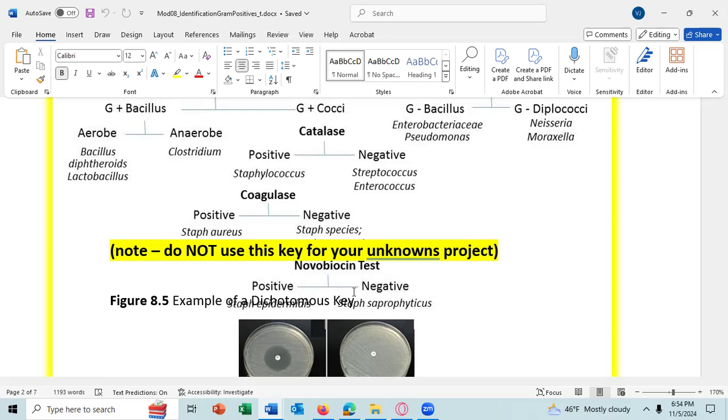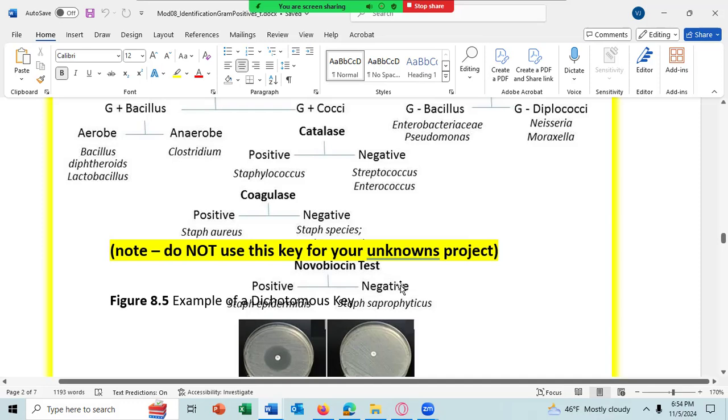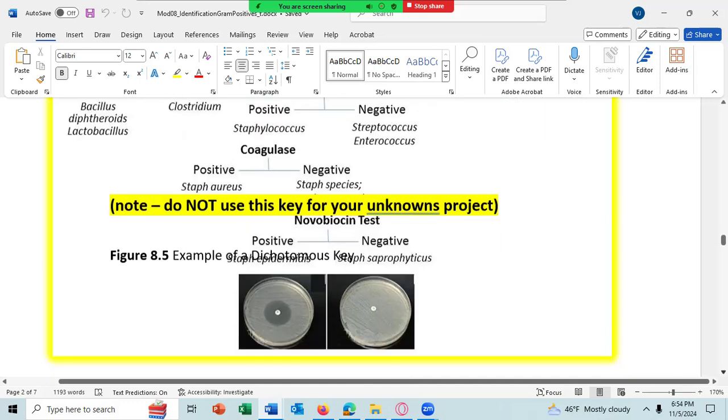If you split it into three, that's fine. It's still called dichotomous logic, even though you're really splitting it into three, but it's following close enough to dichotomous logic.